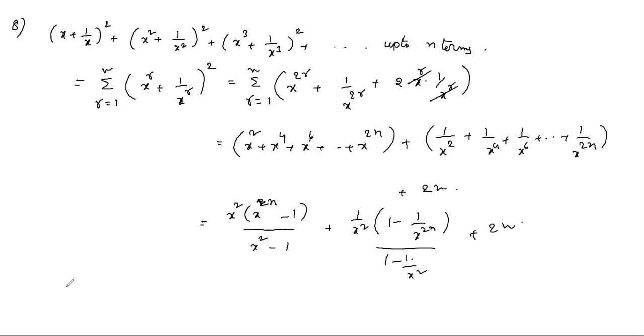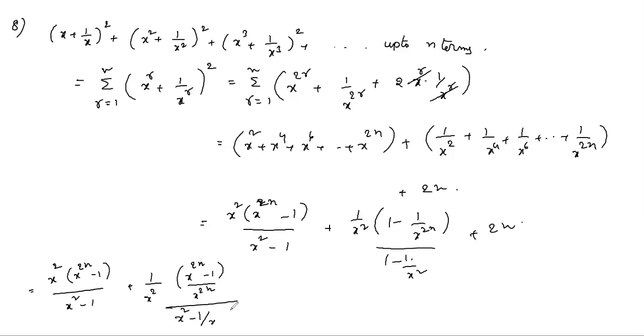So we have to simplify this. First term: x square into (x power 2n minus 1) by (x square minus 1). After simplification, 1 by x square into (x power 2n minus 1) by x power 2n, whole divided by (x square minus 1) by x square. X square will cancel, plus 2n. From the first two, we can take x power 2n minus 1 common, and the denominator x square minus 1 we can also take outside as common.